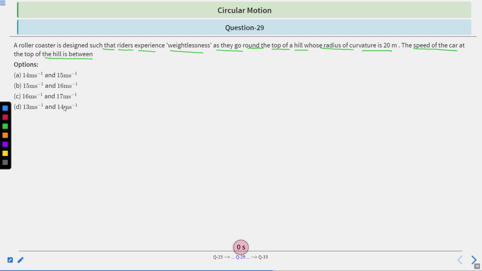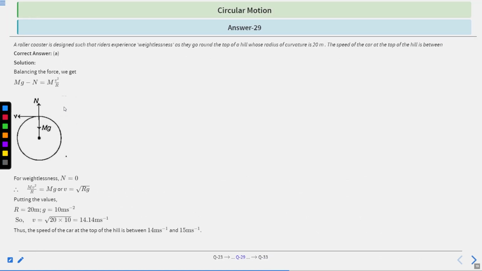Let's find a solution. Balancing the forces, we get mg minus N equal to mv square by r.